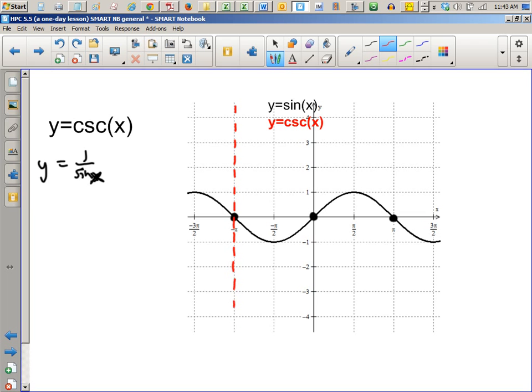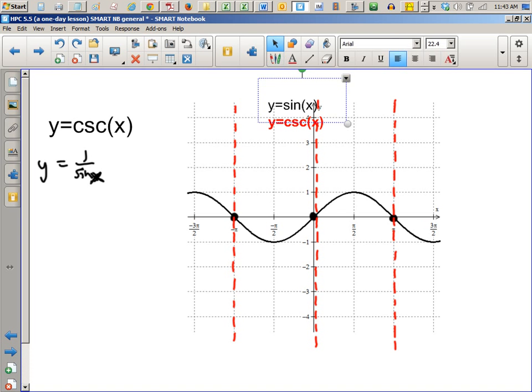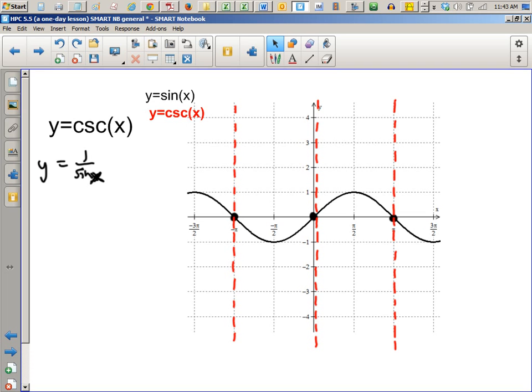Wherever sine of x has an x-intercept, cosecant of x has a vertical asymptote. That's really important. Okay, that's the first thing you need to know.